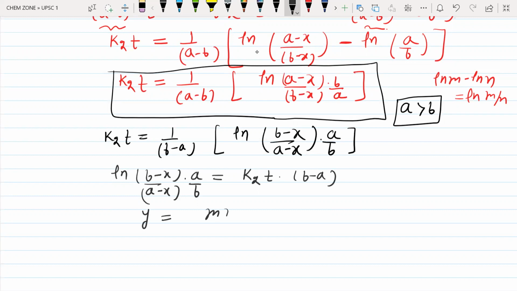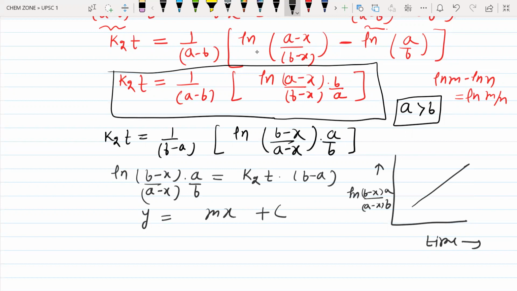If we compare this equation with y is equal to mx plus c, taking time on x-axis and this log term on y-axis, you will get a straight line passing through origin having a slope of K2 (b minus a).